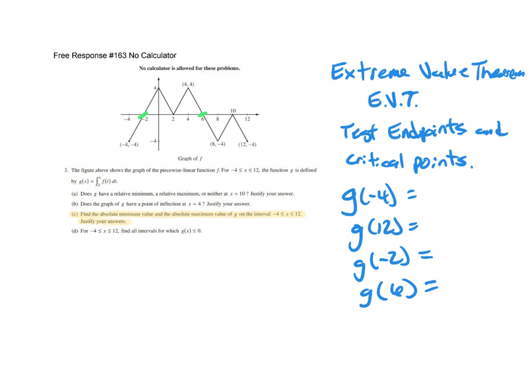Okay, so how in the world do I find these function values? Well, don't forget, they told us what G is. G is this definite integral here. So for G of -4, I guess I should have written that over here. G of -4 is going to be the definite integral from 2 to -4, which is a weird direction, of f of t dt.